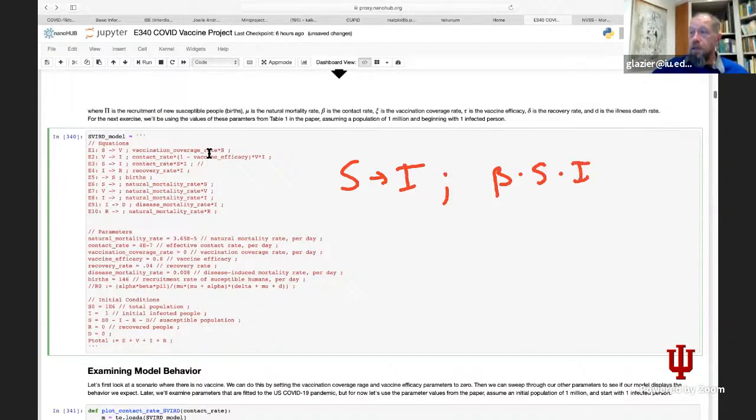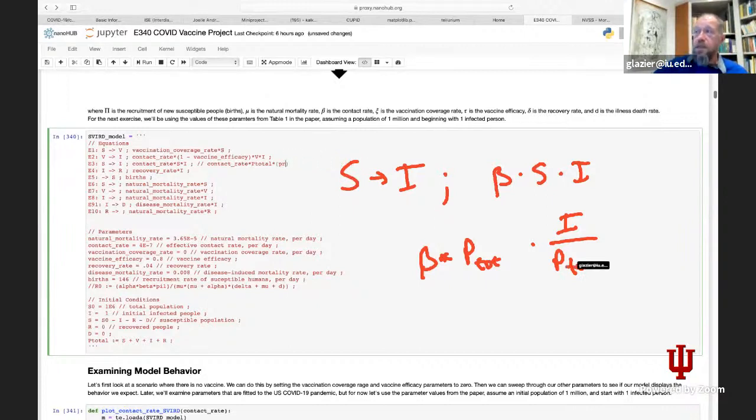It'll wind up being beta times, in your case, the total population, P total, times the probability that a person I run into is infected, which is I divided by P total, times the number of people available to infect, which is S.